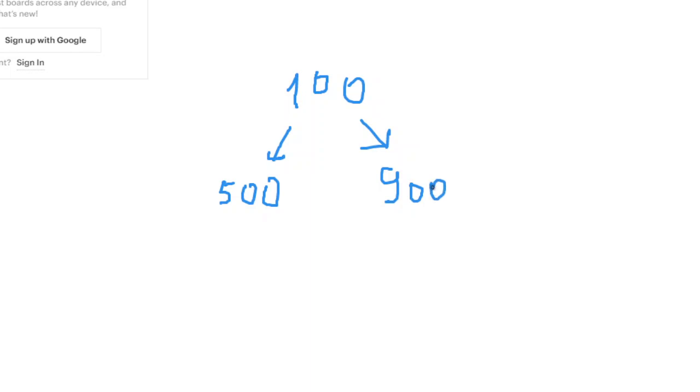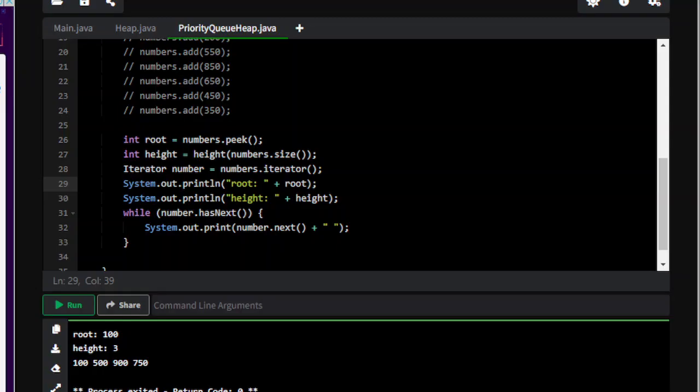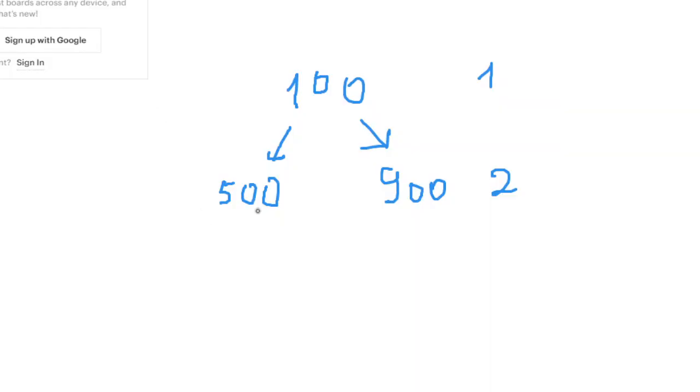So we already have one level, and this is the second level, the second height. And the way we add the next element, which is 750, it goes here. 750. Yeah, so basically right now this spot is null, so no number, and it's 3 basically. So we can see that it's kind of incomplete, but it still counts as a height for us.